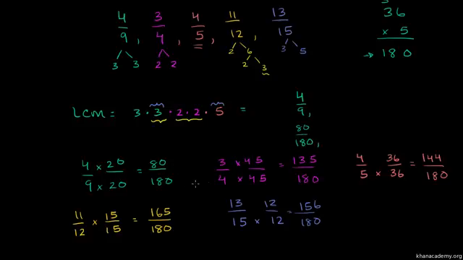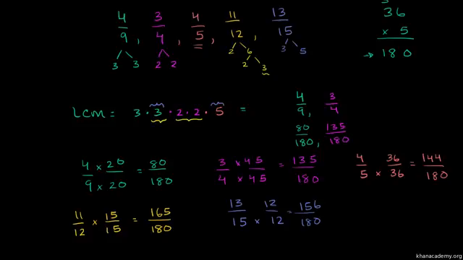80 over 180. Then the next smallest number looks like it's this 135 right over here. So then our next one is going to be the 135. I want to do it in that same color. The next one is going to be that 135 over 180, which is the same thing as 3/4.